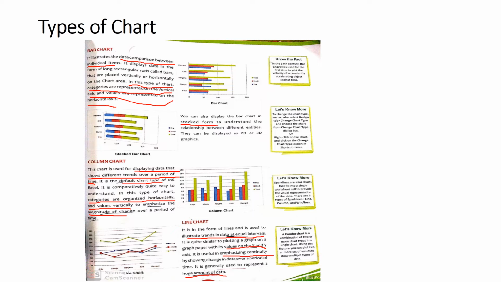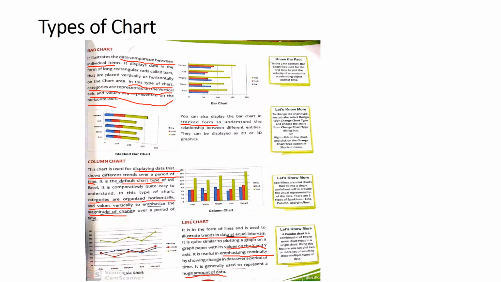Now coming back to this column chart, this chart is used for displaying data that shows different trends over a period of time. It is the default type chart, I have told you earlier also.